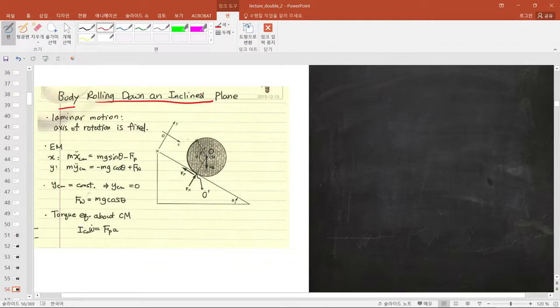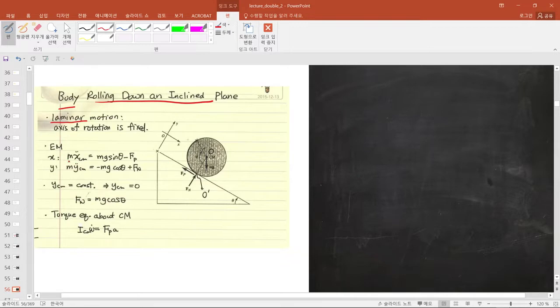This is laminar motion, obviously, as I explained. The axis is always out of the page, independent of the position of the center of mass. Now, the equations are actually familiar from general physics.